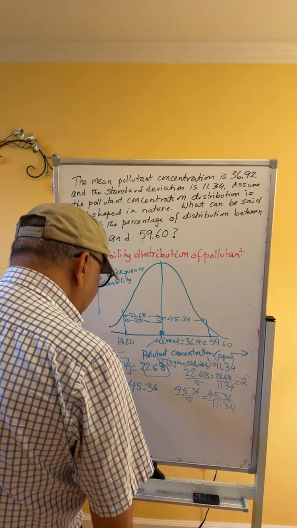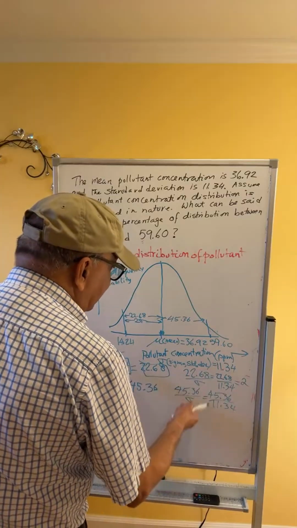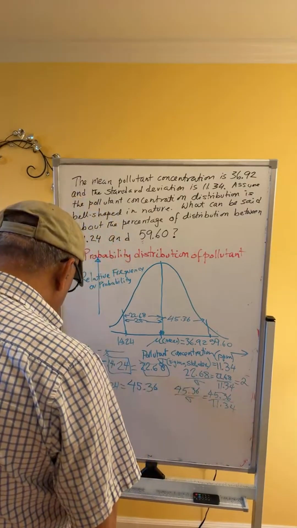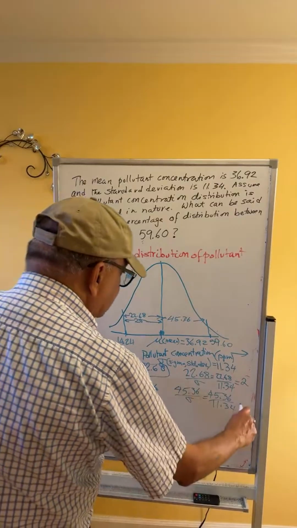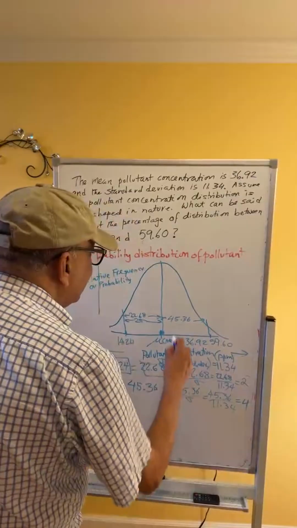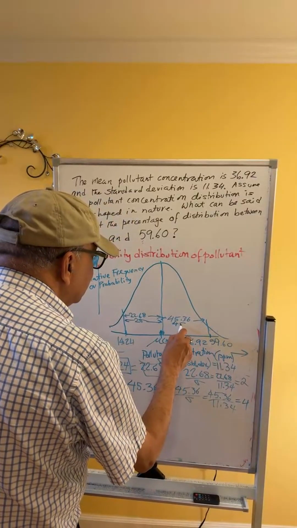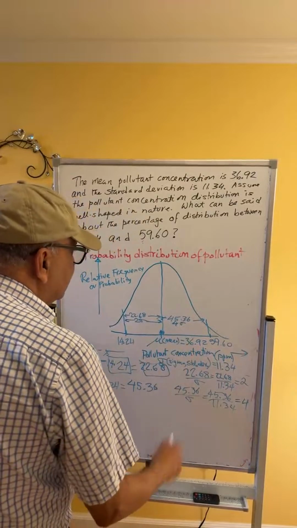Why am I dividing? I'm dividing by the standard deviation. Let's see what multiple of the standard deviation is 45.36, and that is 4 standard deviations. So this point is located 4 standard deviations away from the mean.